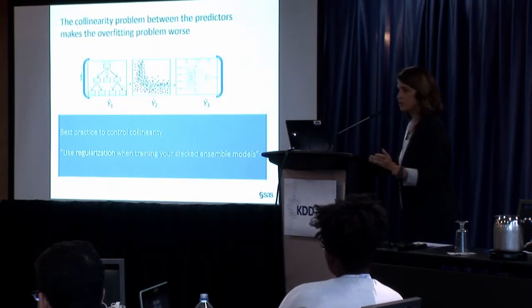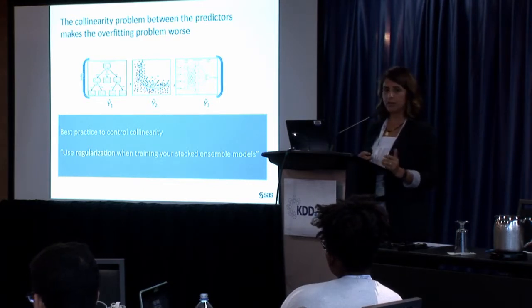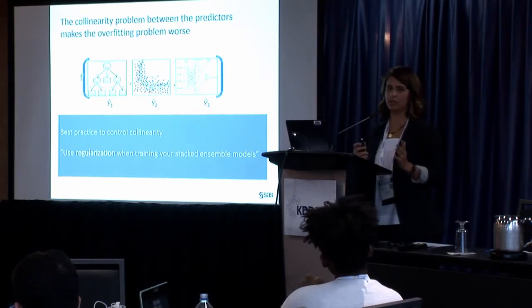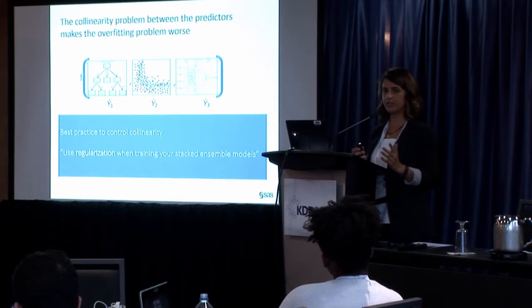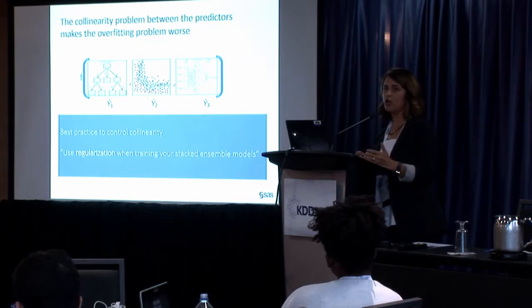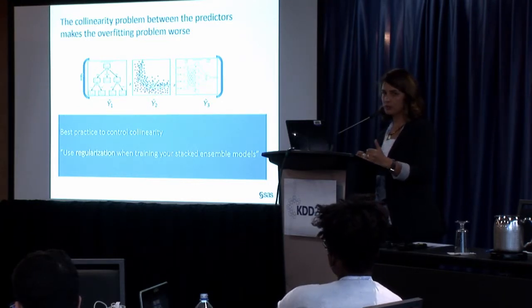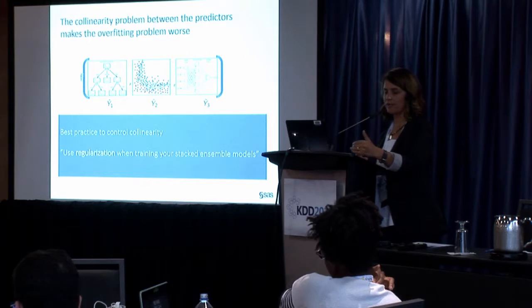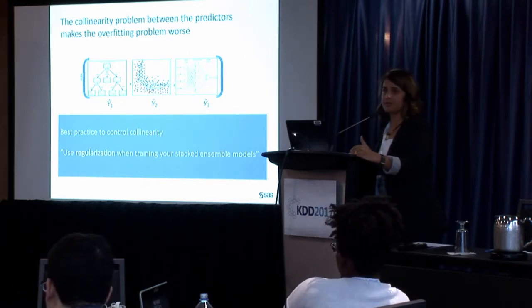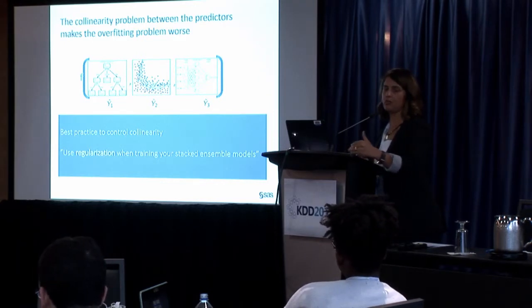Ray-Ban talked a little about the collinearity problem between the predictions, how ML algorithms in general are not good at dealing with collinearity. And it is even a bigger problem in model stacking, because all those predictors from level 1 predict the same target.